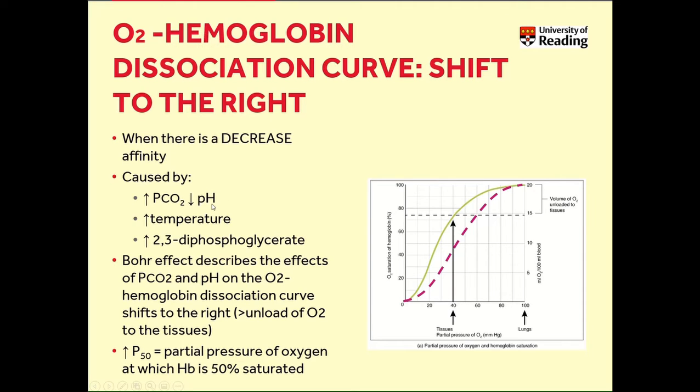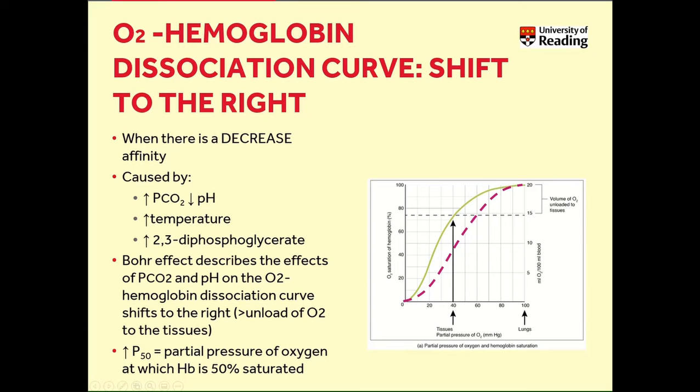So an increase in acidity can cause a shift to the right. An increase in temperature or an increase in 2,3-diphosphoglycerate or 2,3-DPG can also cause a shift to the right of the dissociation curve.